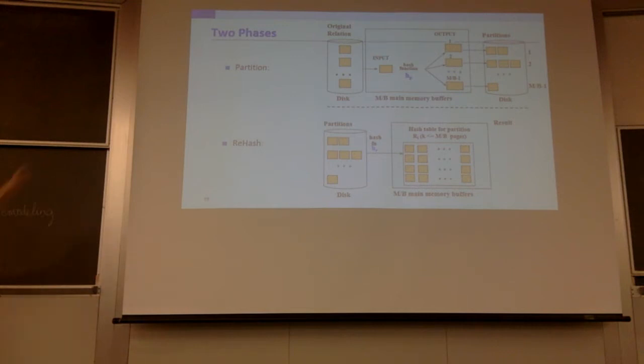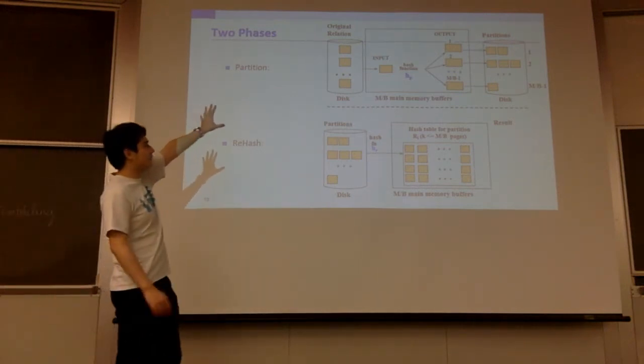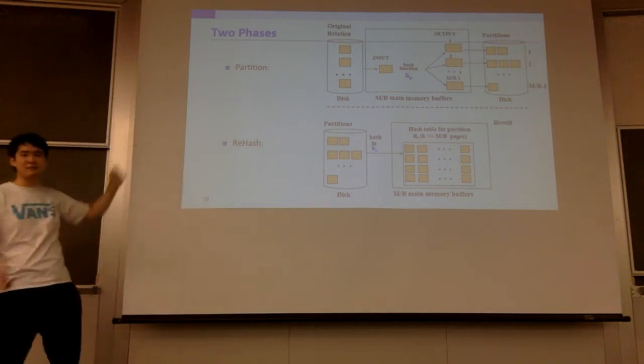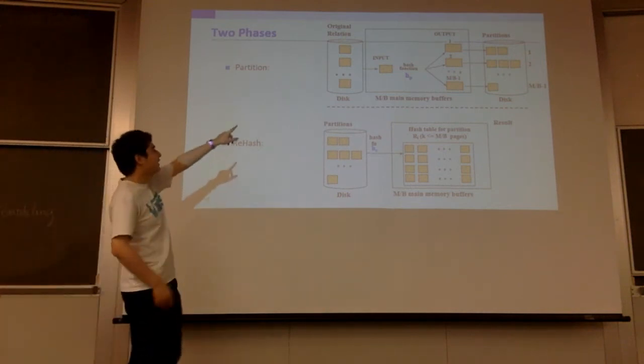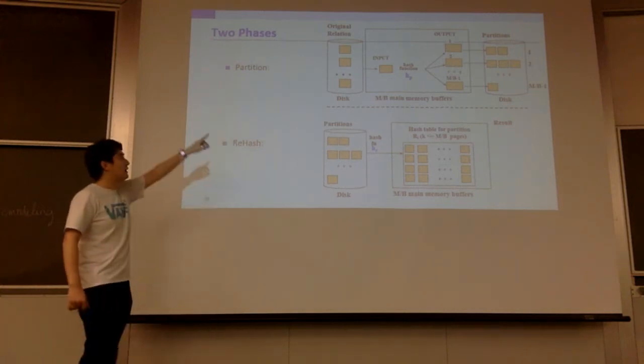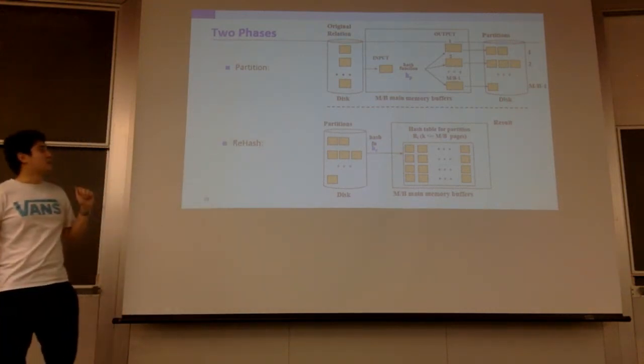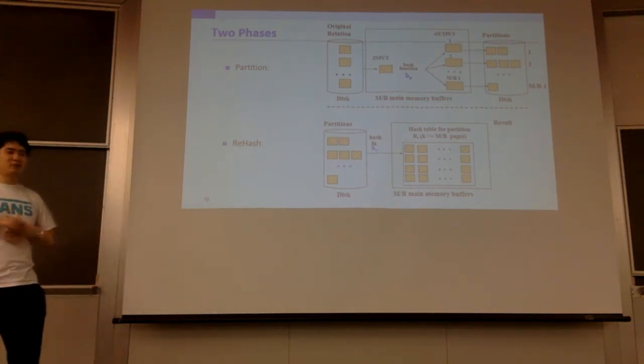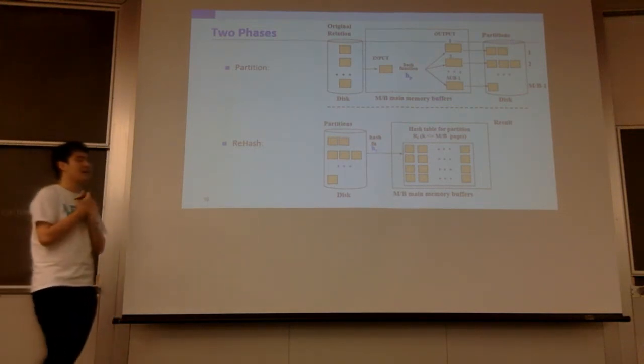Okay, this is roughly the same model as we use for external sorting, except it is hashed. So for every page from your input file, you read that into your memory and produce a tuple to your hashing, right?